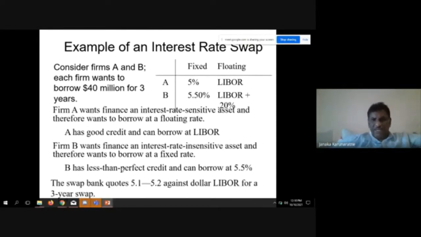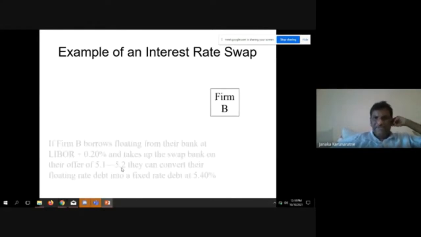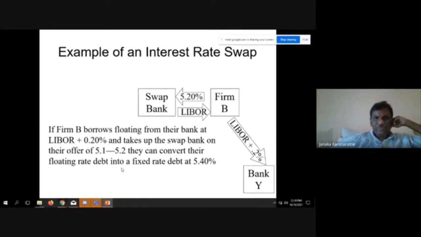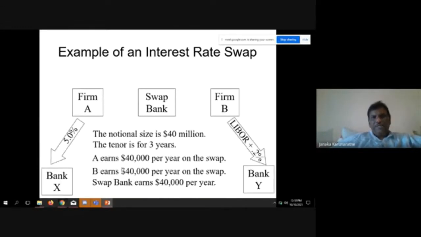So the annual saving: A earns 40,000 per year on the swap because he saves 0.1%. B earns 40,000 per year on the swap. The swap bank earns 40,000 per year on the swap, right?